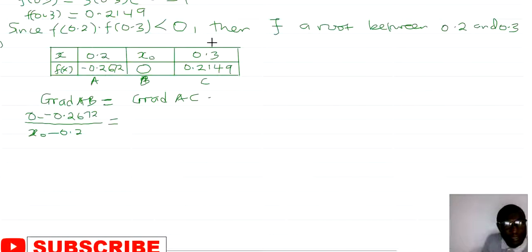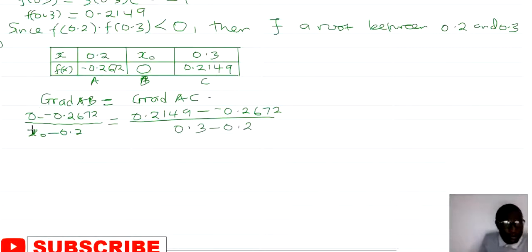A is here, C is here. So we start, this here is 0.2149 minus negative 0.2672 divided by 0.3 minus 0.2.